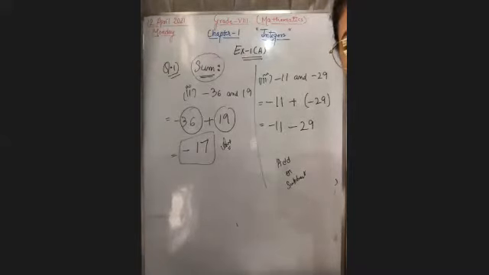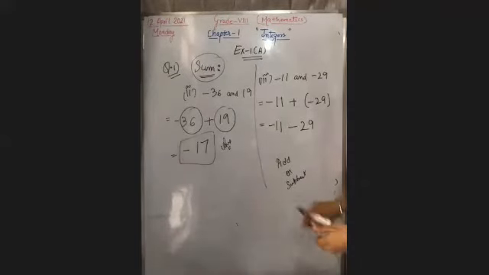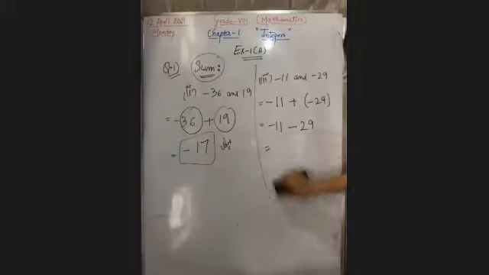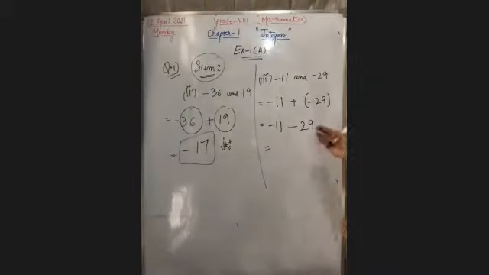Very good. Everyone else has written the right answer. So if both the values have a negative sign, you have to do the addition. 29 and 11 will be 40. And the sign will always be negative.